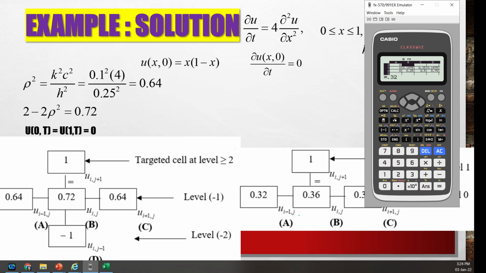Okay, U(i minus 1, j) is actually your left bottom cell. From where you key in the formula at B2, the left bottom cell is A3. So put alpha A3 plus 0.36. Okay, U(i,j) is actually the center bottom in column B, so B3.